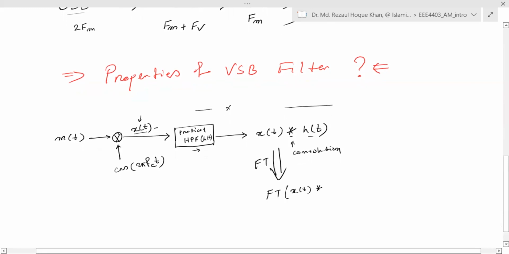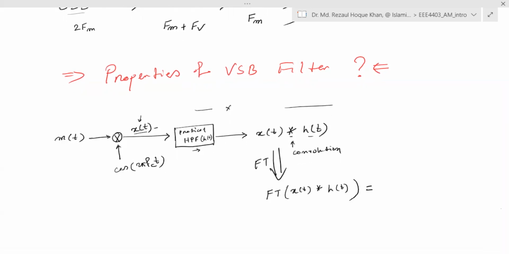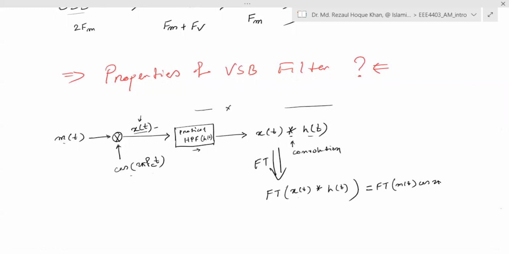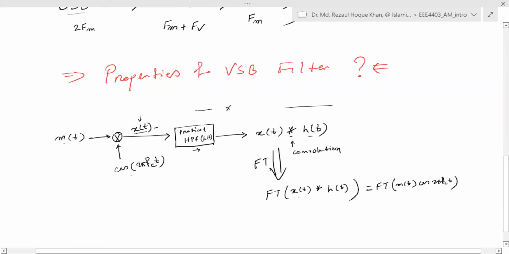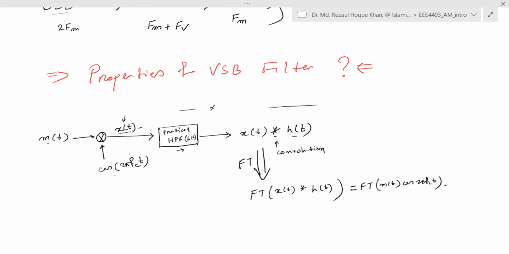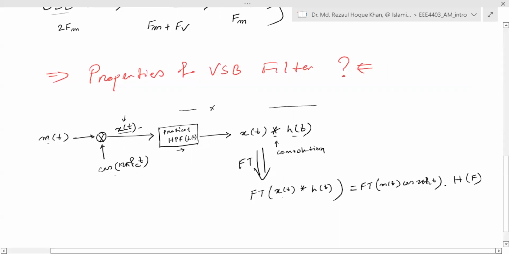x(t) convolved with h(t), which is nothing but, what is x(t)? x(t) is nothing but m(t) cos 2π fc t. So it's the Fourier transform of m(t) cos 2π fc t convolved with h(t). Convolution becomes multiplication in the Fourier transform, so it's a multiplication with h(t) becoming capital H(f).